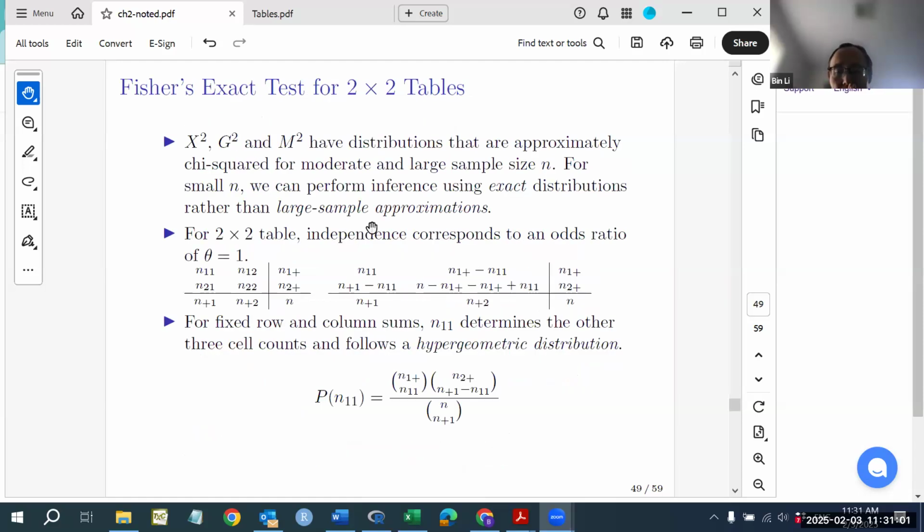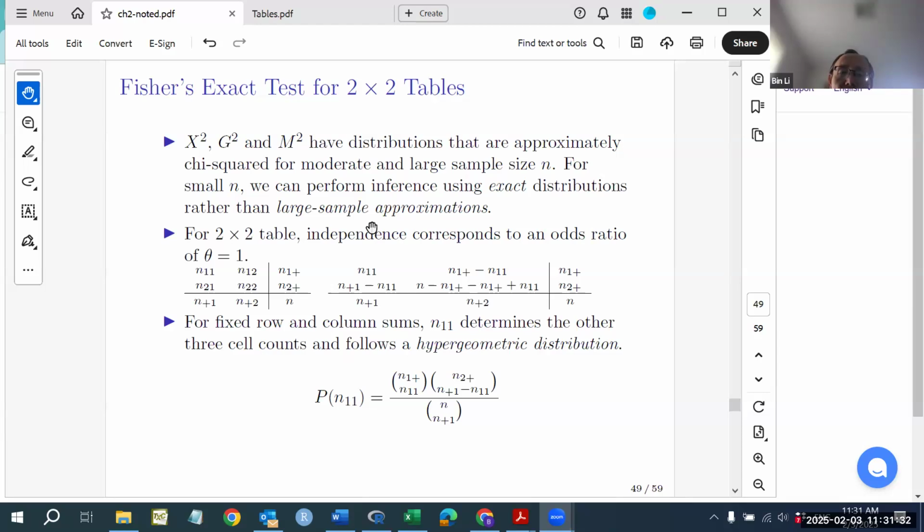Okay, now this is the Fisher's exact test. This is for 2x2 tables and for small sample sizes. For large sample sizes, we don't need to worry because we can always use the Pearson's chi-square or the likelihood ratio test, right?